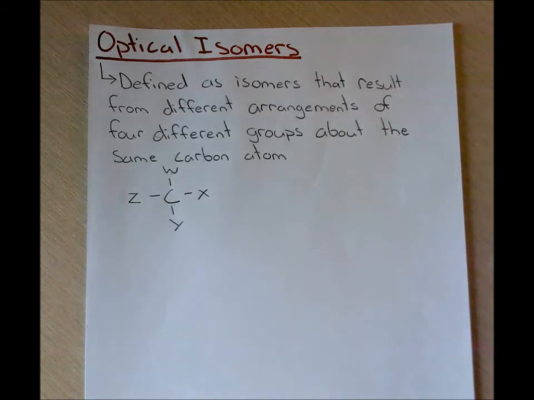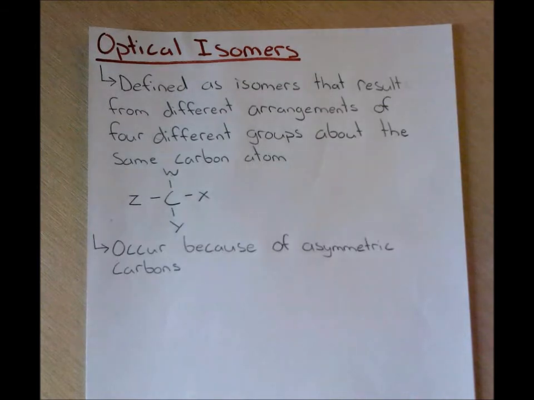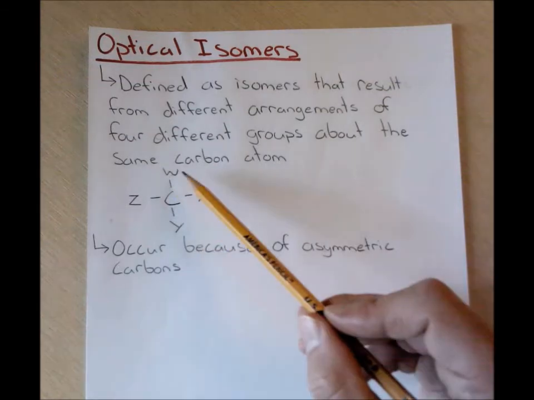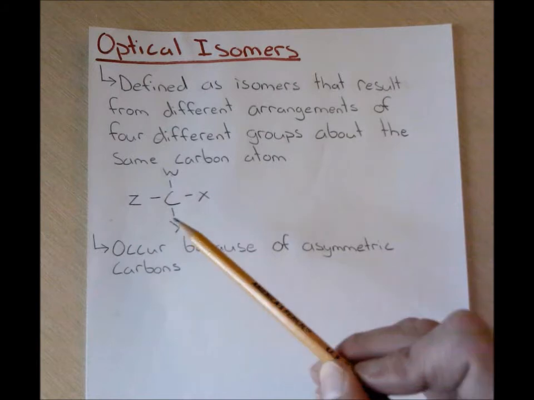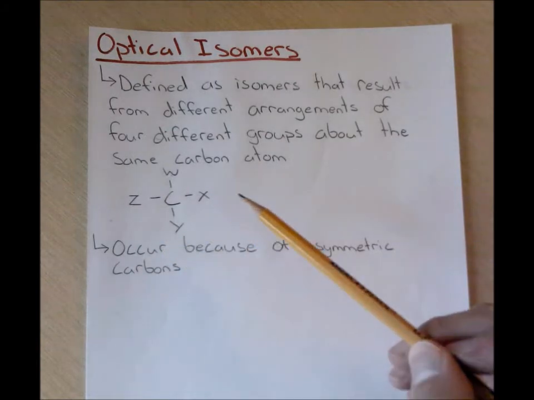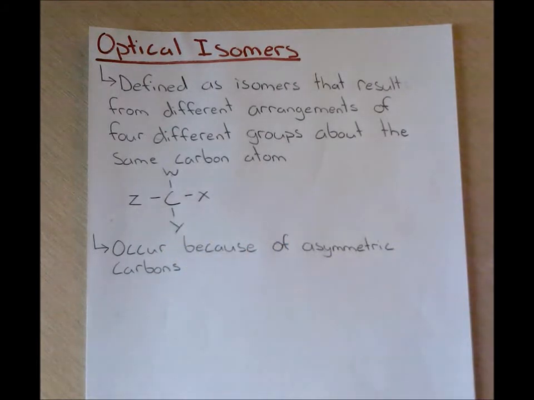What we mean by asymmetric carbons is that none of these things are exactly alike. They may be carbon chains, but one may have 2 carbons versus 3, and that's slight enough to make a difference. In particular, asymmetric carbons are carbon atoms that have 4 different atoms or groups of atoms attached to them.